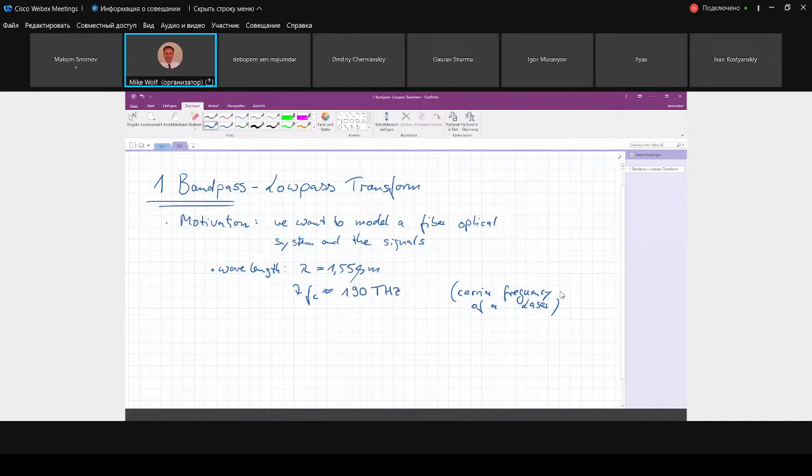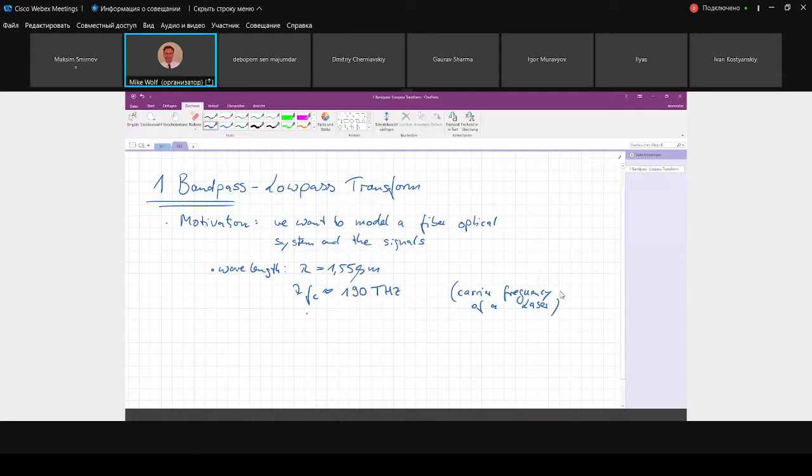On the other hand, assume we take a look at an ideal monochromatic wave. So it's an ideal laser which just emits monochromatic light. It looks like a sinusoidal signal if we look at the field strength in the optical domain.